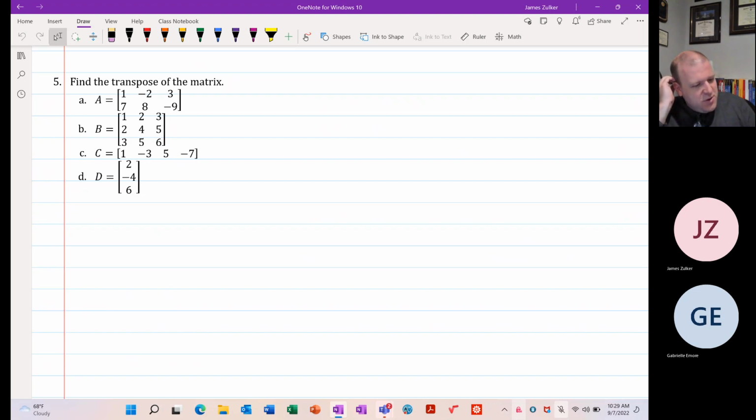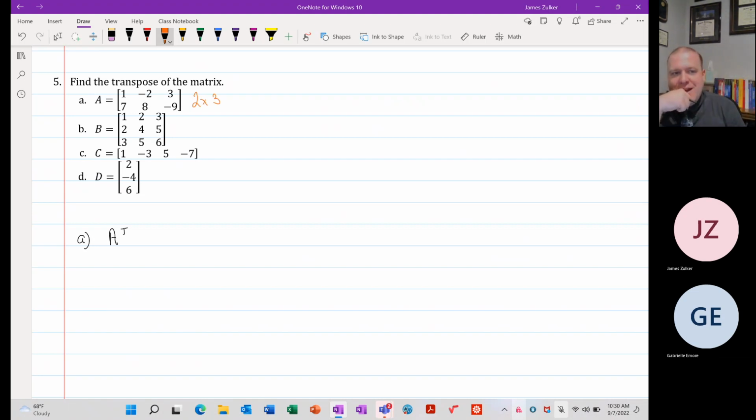Next, we're asked to find the transpose. Transpose of a matrix is very straightforward and simple. All the transpose does is switch rows to columns and columns to rows. So if we're looking for A transpose, up here we have A being 2 by 3.